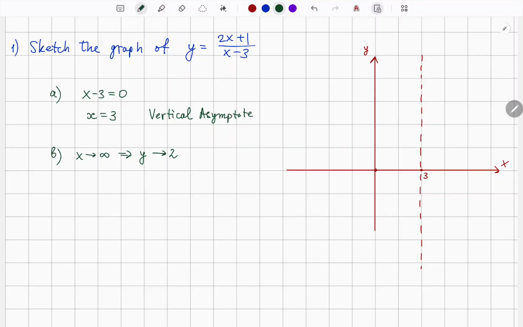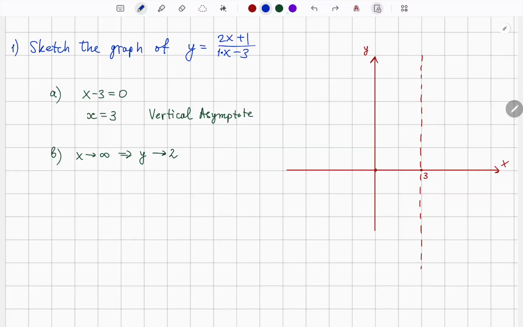So if you want to give a line of reasoning quicker, you just take the coefficients of x, 2 and 1, and divide them by each other. So ignore plus 1 and minus 3, just divide 2 by 1, the coefficients of x, the upper one by the lower one, and 2 divided by 1 is 2.